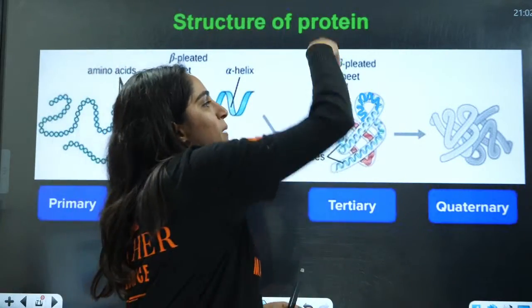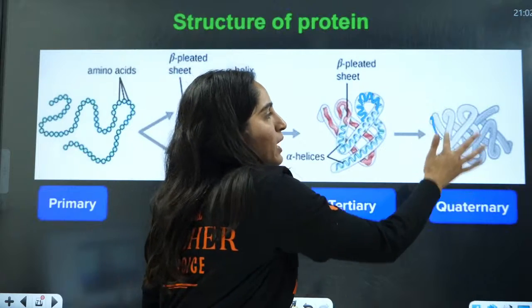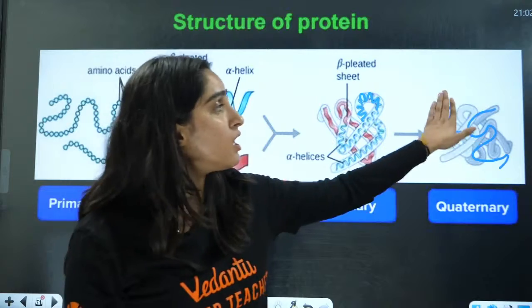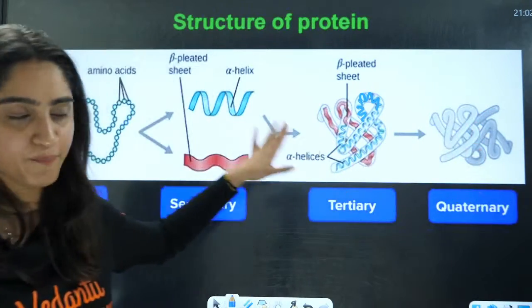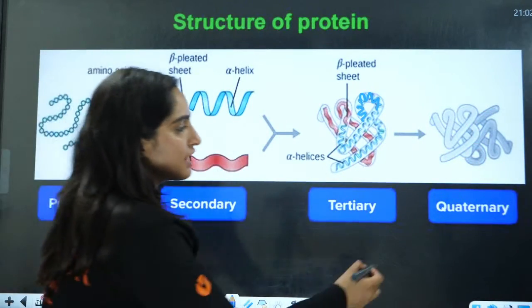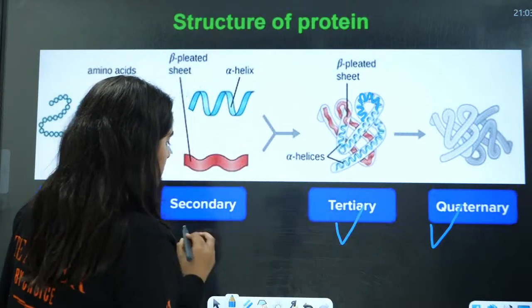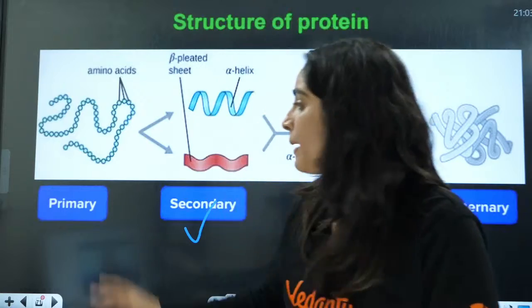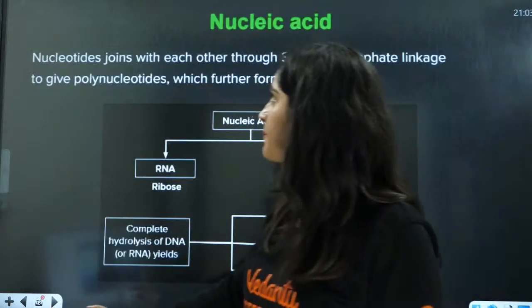Then how so many pipes are linked to each other? This is the first pipe, this is the second pipe. How they are linked to each other is going to be the quaternary structure here. After denaturation, the secondary, tertiary and quaternary lose their identity, but the primary remains the same here.